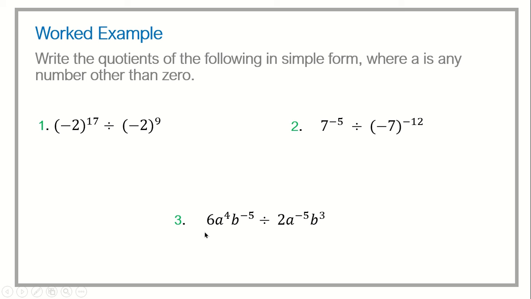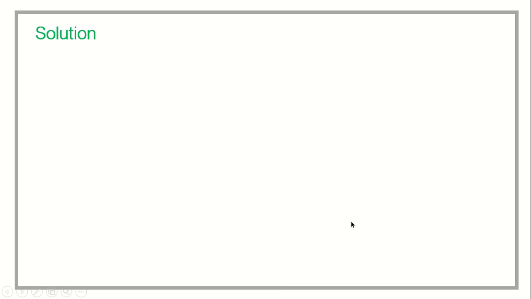In part 3, we get 6a to the power of 4, b to the power of negative 5 divided by 2a to the power of negative 5, b to the power of 3. Okay, now let's get the solution.